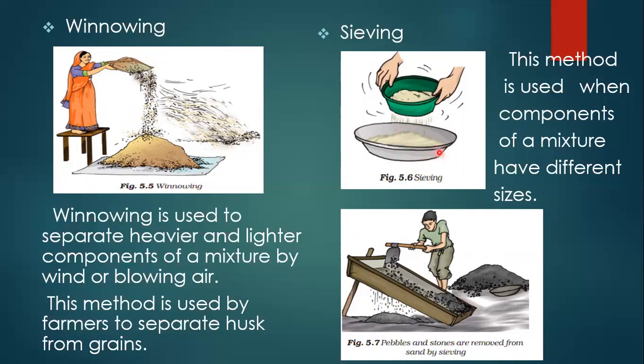The sieving method is also used to remove impurities like husk from whole grains like wheat. Before grinding the grain, sieving is done to separate stone particles or husk from the whole grains. In such cases, sieves having larger holes are used.